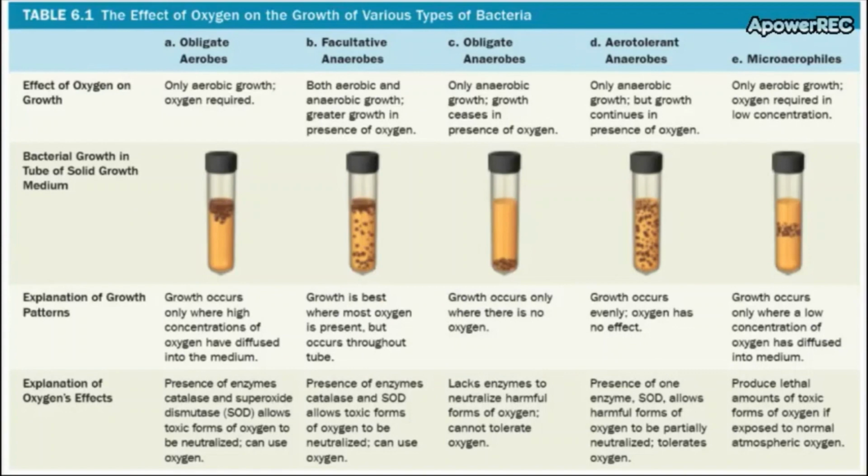There's a lot going on in this table. This is a representation of the different groups of organisms based upon their oxygen tolerances. Again, we have the obligate aerobes, facultative anaerobes, obligate anaerobes, aerotolerant anaerobes, and microaerophiles. We'll start one by one and work our way down the line.